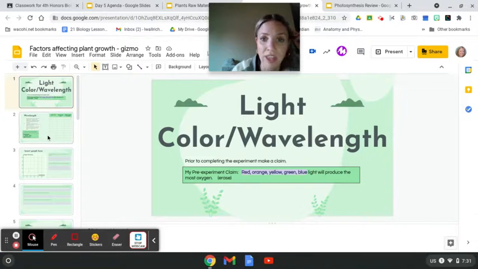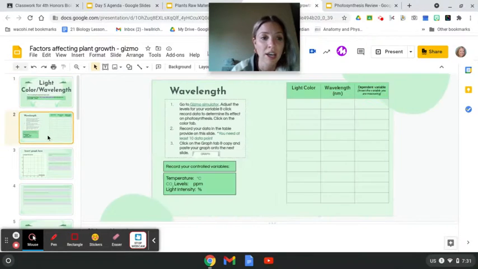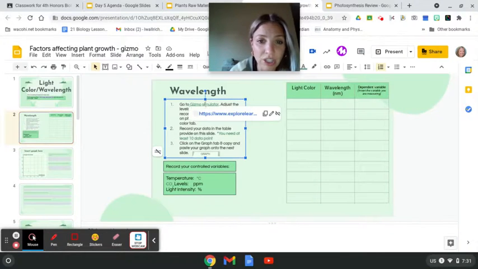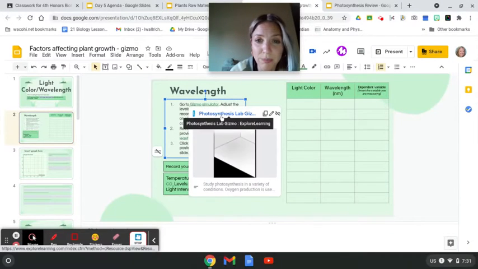Okay, so then we're going to use the Gizmos or the Explore Learning that we have used. We used this when we did How Does Light Enter the Eye? When we switched around and you could put your tongue on a ball and see how the sensation goes through your body.